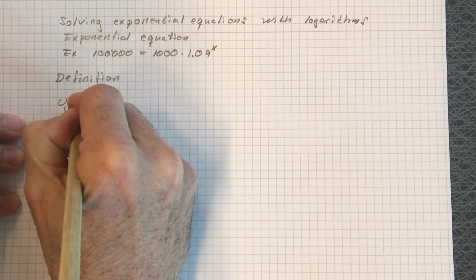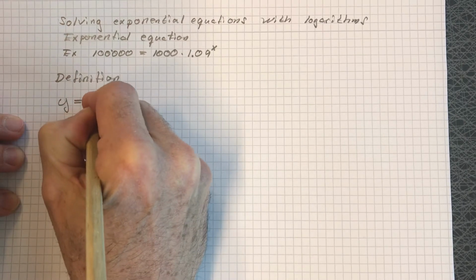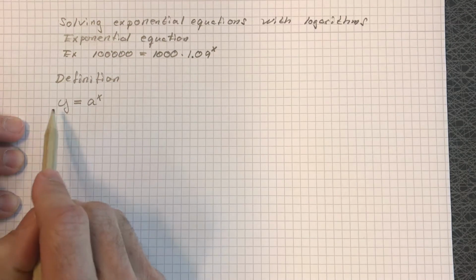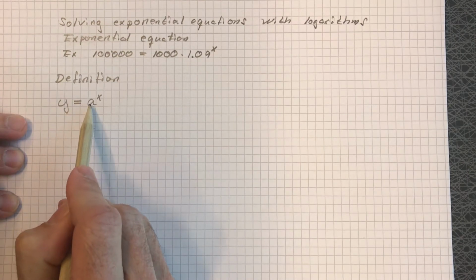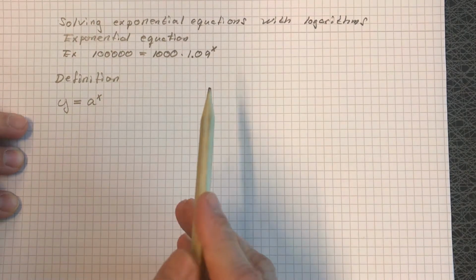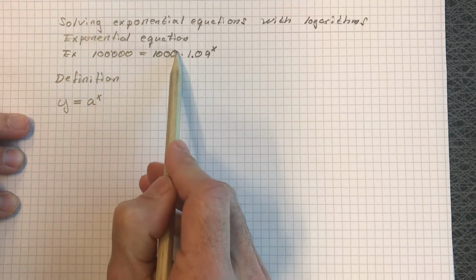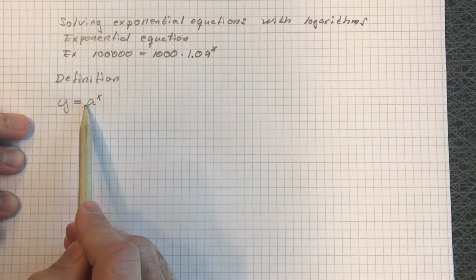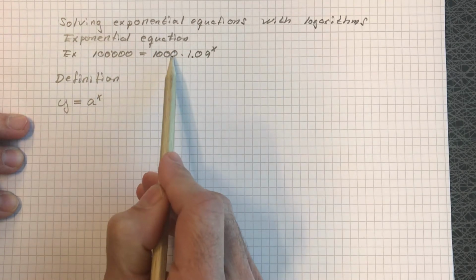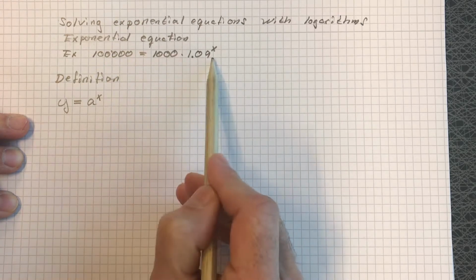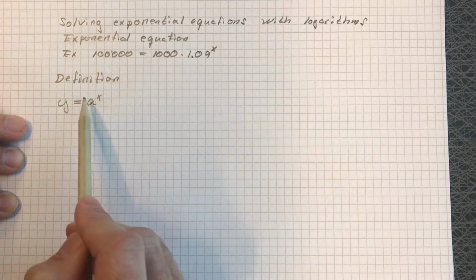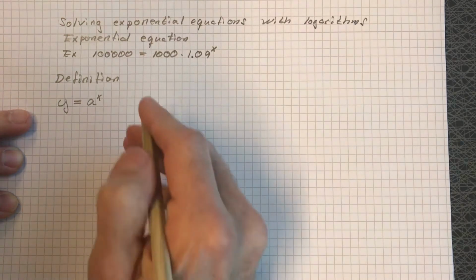If you have an exponential equation in this form, y is equal to a to the power of x. So you see we don't have any constant here in front of a. It doesn't matter, you could always start with dividing both sides by 1,000, and then you will have it in this form.